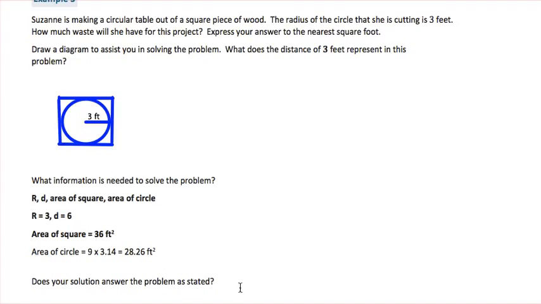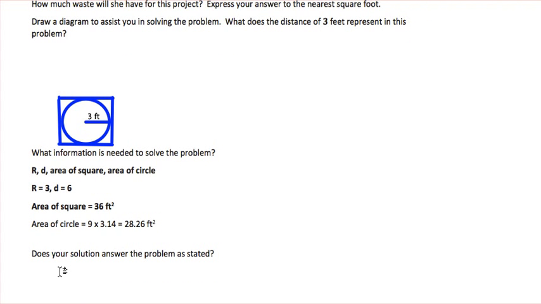So in order to solve that, we'll need to subtract, and we'll get 7.74 square feet. They asked us to express our answer to the nearest square foot. So we will round, and that rounds to 8 square feet.